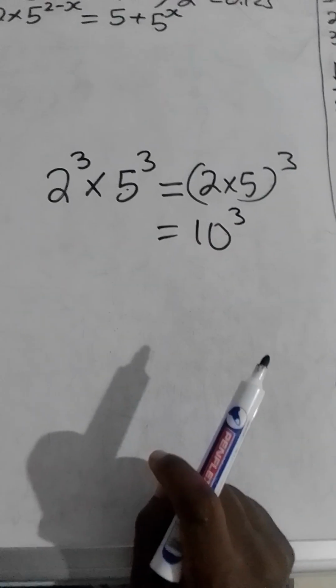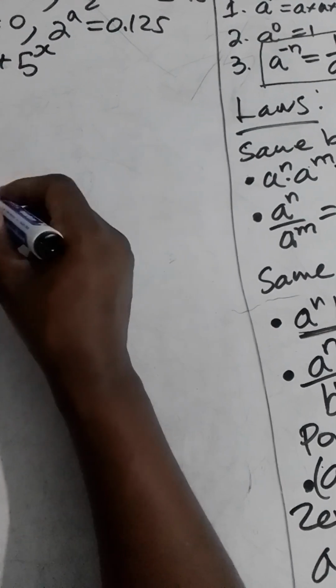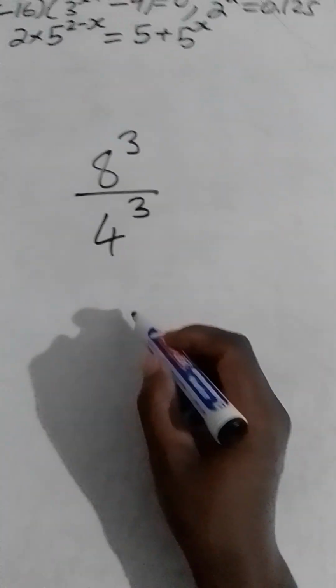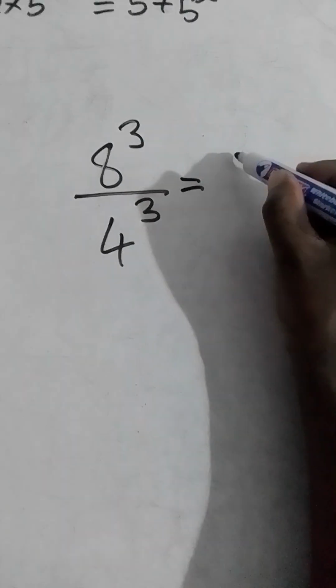So you can do that. Then the second law says if you have, let's say, 8 to the exponent 3 over 4 to the exponent 3, if you are dividing powers with different bases but same exponents, you can divide the bases together.